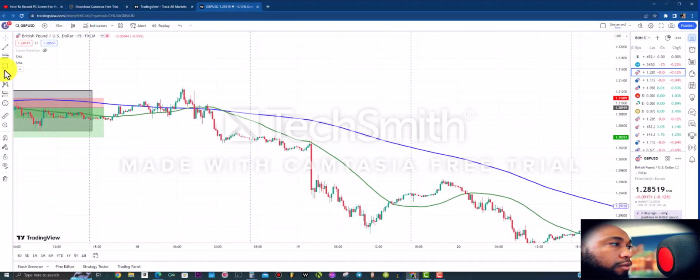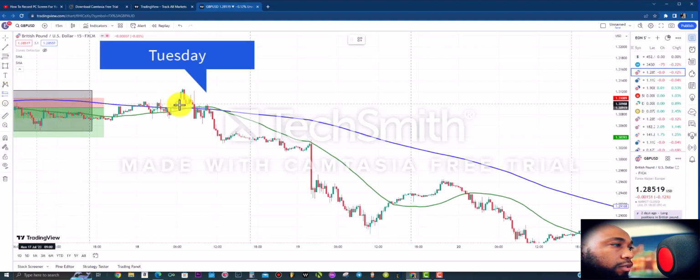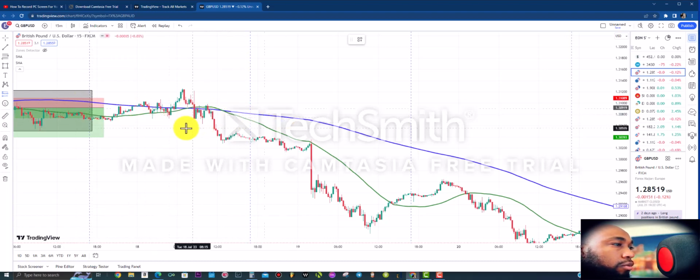The next day, what we got? Market is trending, so the moving averages, price is not quite below the moving averages, to be sure, I would say. And in hindsight, now that we're looking at it, it looks kind of easy to identify. But this would have been very hard, I'll be honest.